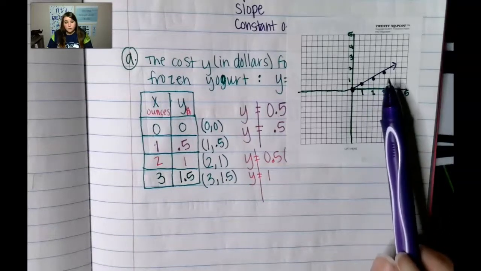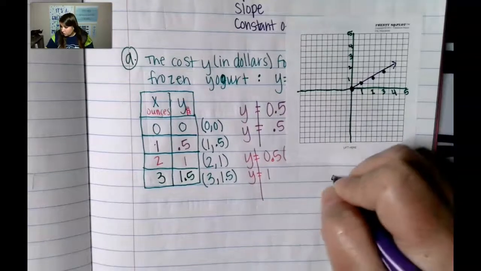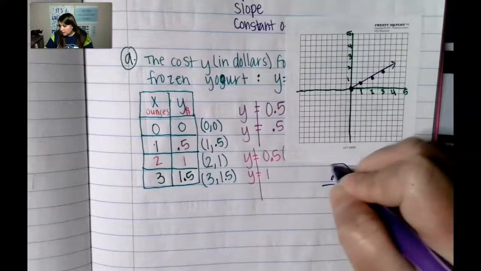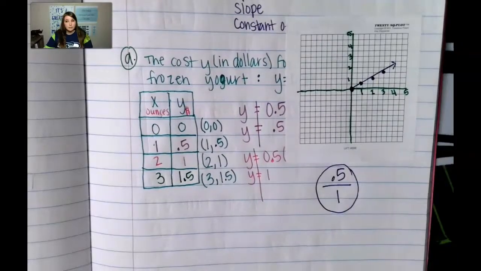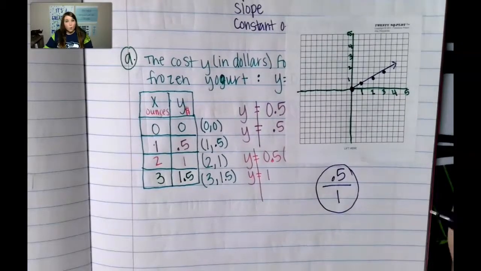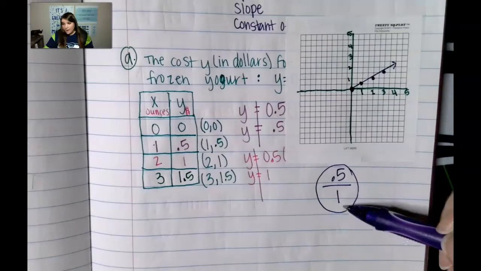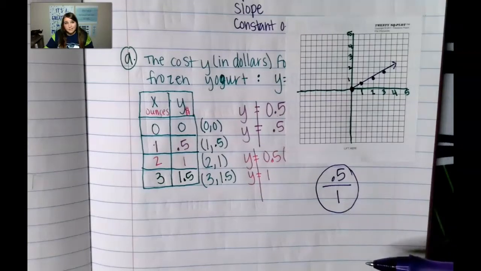My slope is half over 1. That is my constant of proportionality. Or if you want to think about unit rate, it is 50 cents per ounce. That is the proportion. That is the constant of proportionality.